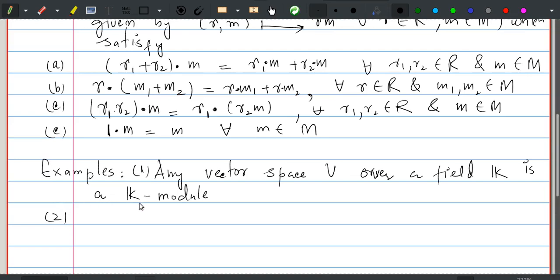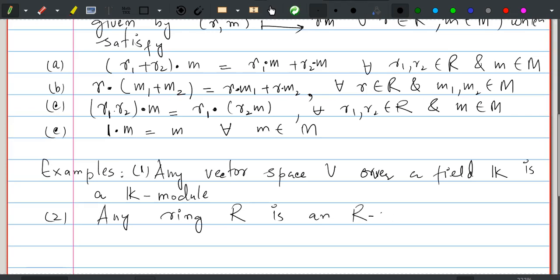The second example is any ring R is an R module. In this case, the multiplication inside R is the same as the scalar multiplication.